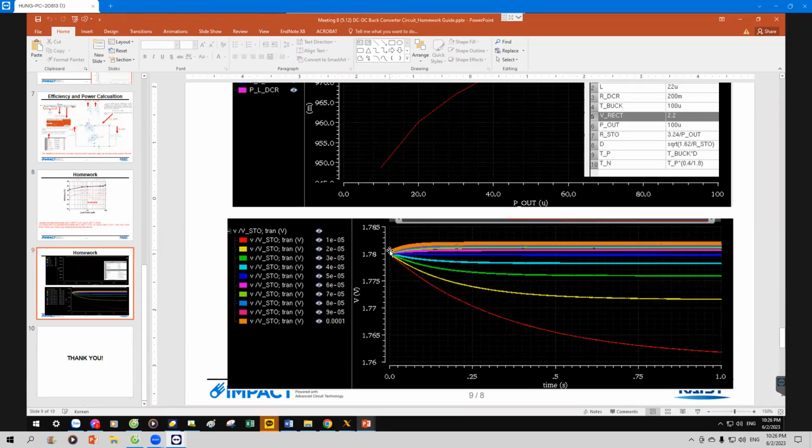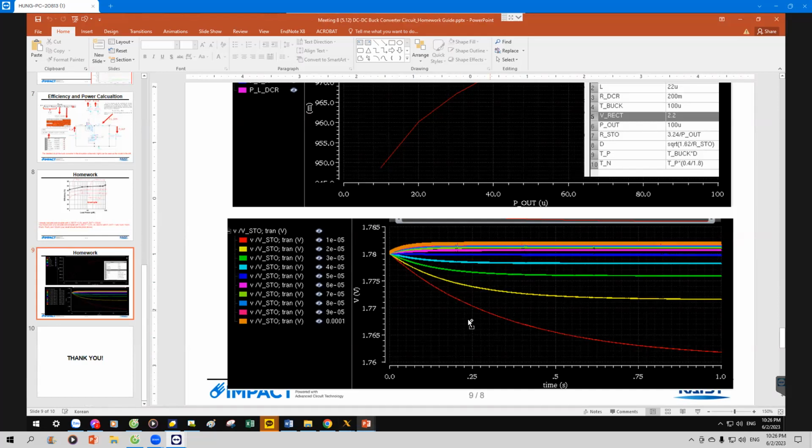So you can see red is for 1 microwatt, right? It takes a longer time to be stable. So maybe for 1 microwatt you might need more time.